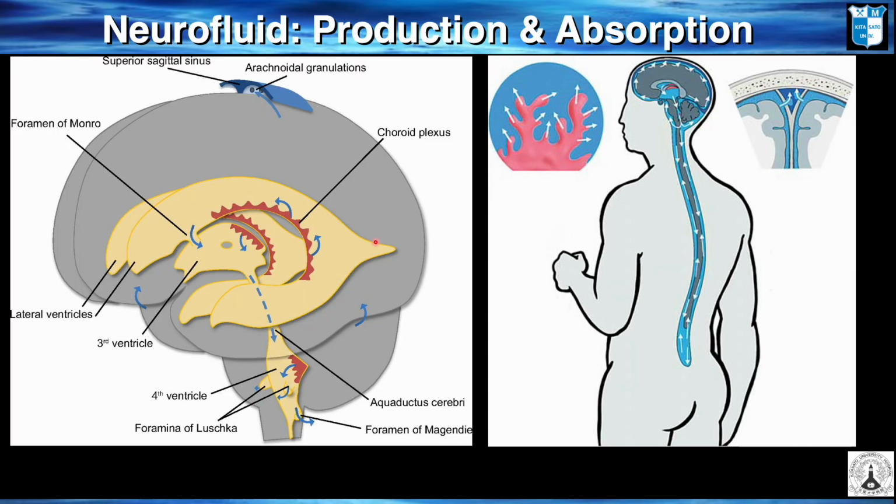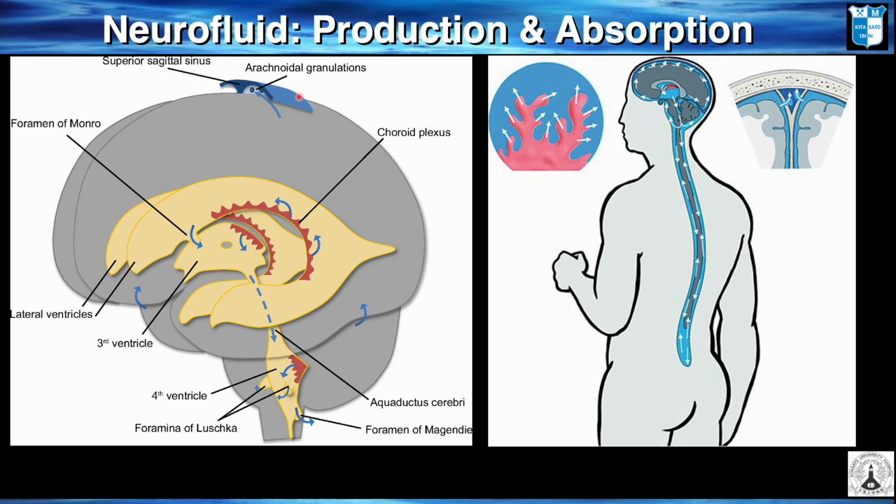This slide shows what we call the bulk flow theory. This is an old theory of the production and absorption of neural fluid. The neural fluid is produced in the choroid plexus, goes down to the third ventricle, the fourth ventricle, then comes to the subarachnoid space, to the arachnoid granulation, to the superior sagittal sinus.